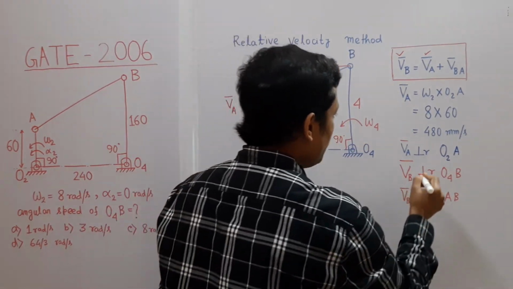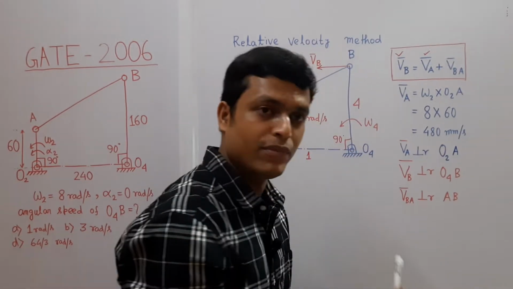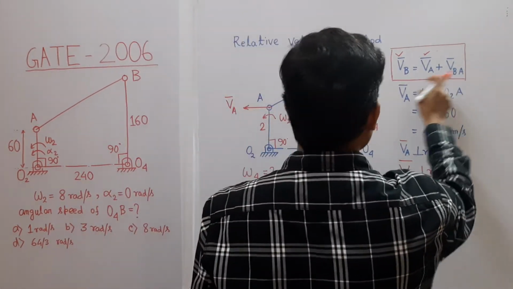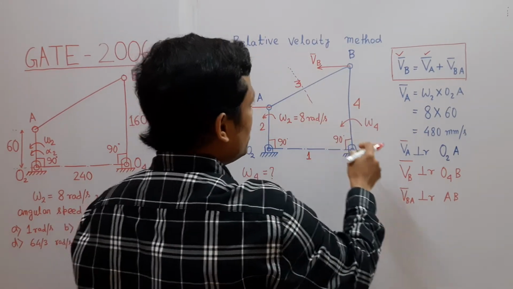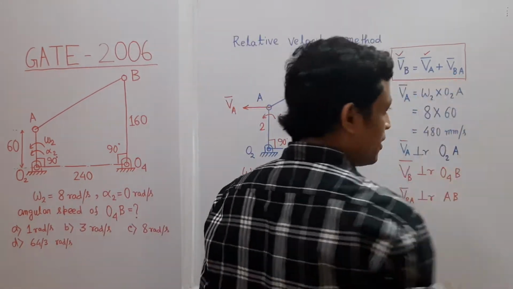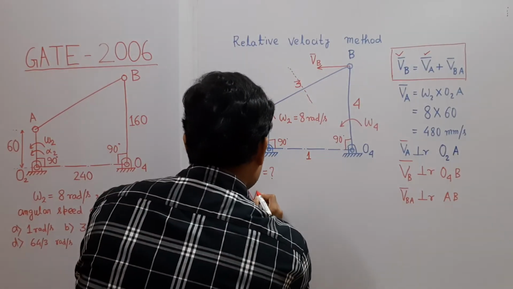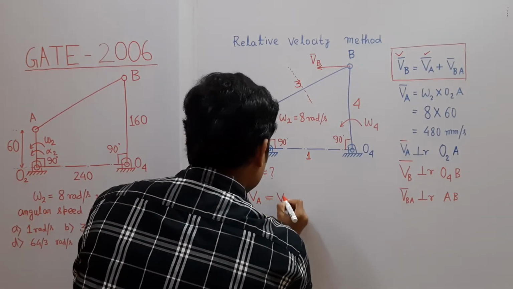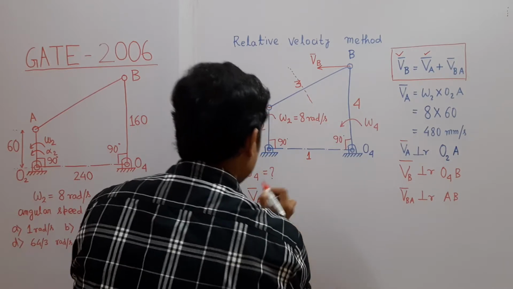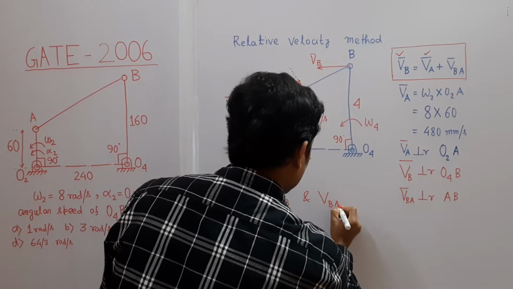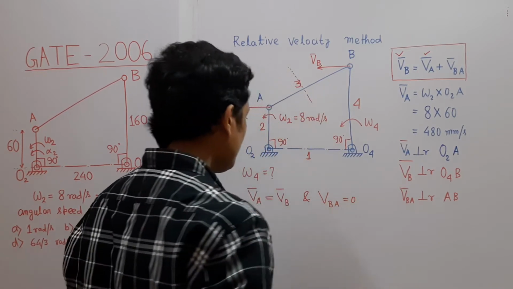So if Va and Vb are in the same direction, and Vba is perpendicular to AB, then this vector equation will be satisfied only when Va is equal to Vb and Vba is equal to 0.